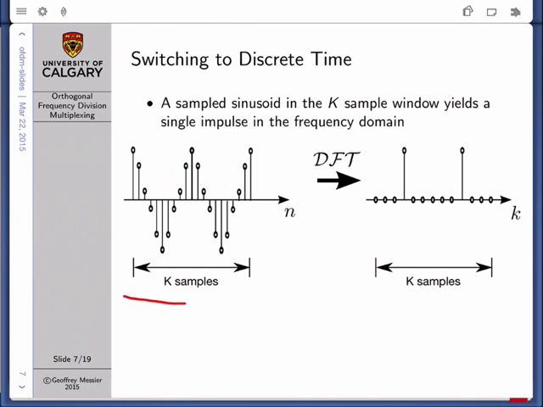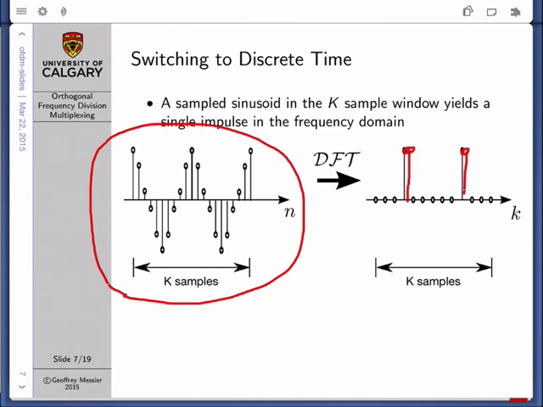So over here, I've drawn a discrete time sinusoid where the stem plot represents the samples of the sinusoid. And when we take the discrete Fourier transform, we get ideal delta functions in the discrete frequency domain. And this Fourier transform operation, again, is performed on only k samples.